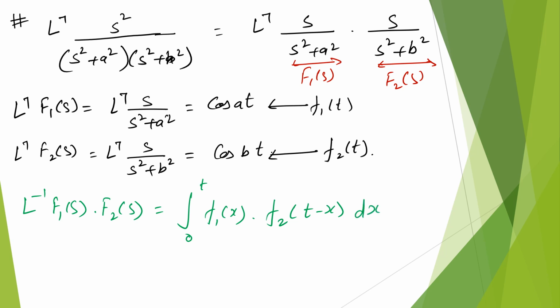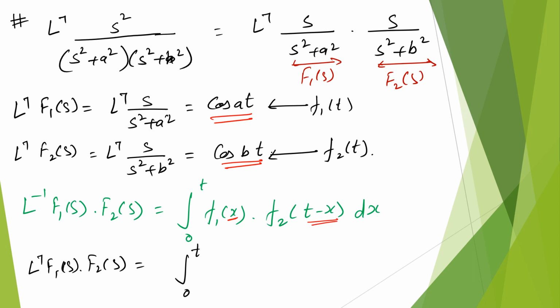Now the Laplace inverse of f1s and f2s will be equal to integration 0 to t for first function. For this value t is replaced by x, and for the second function, t is replaced by t minus x.